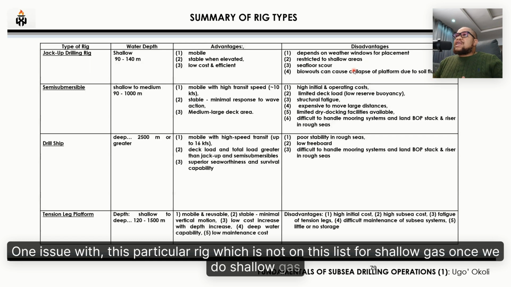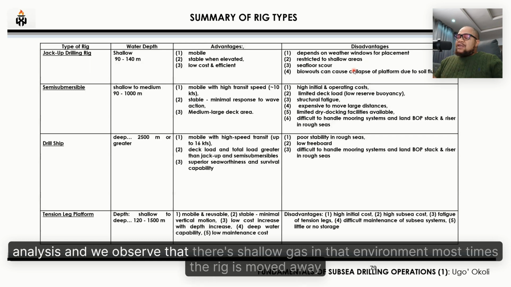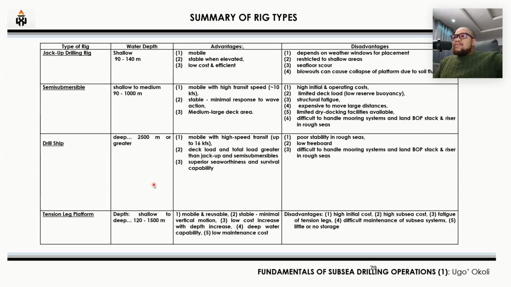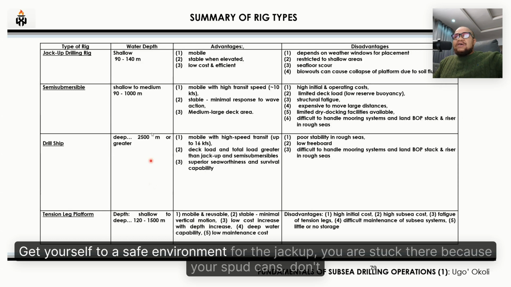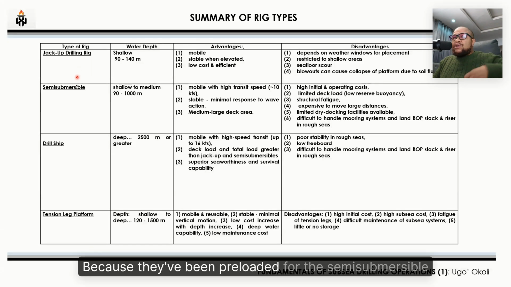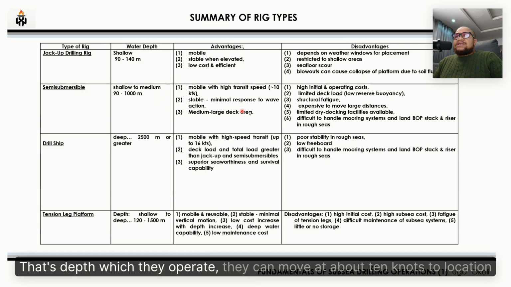Once we do shallow gas analysis and observe that there's shallow gas in that environment, most times the rig is moved away and we look for another surface location, unlike the semi, where you can winch the rig away and get yourself to a safe environment. For the jackup, you are stuck there because your spud cans, don't forget, are buried on bottom because they've been preloaded.